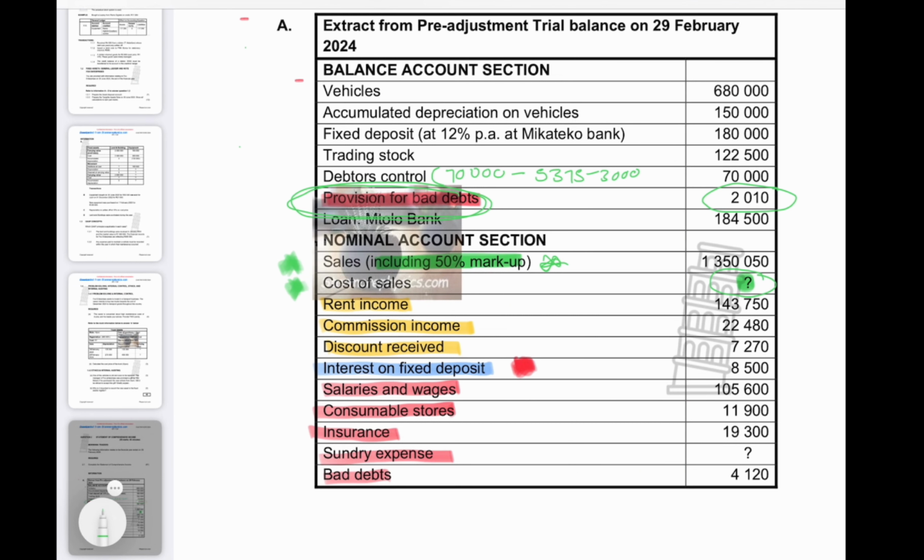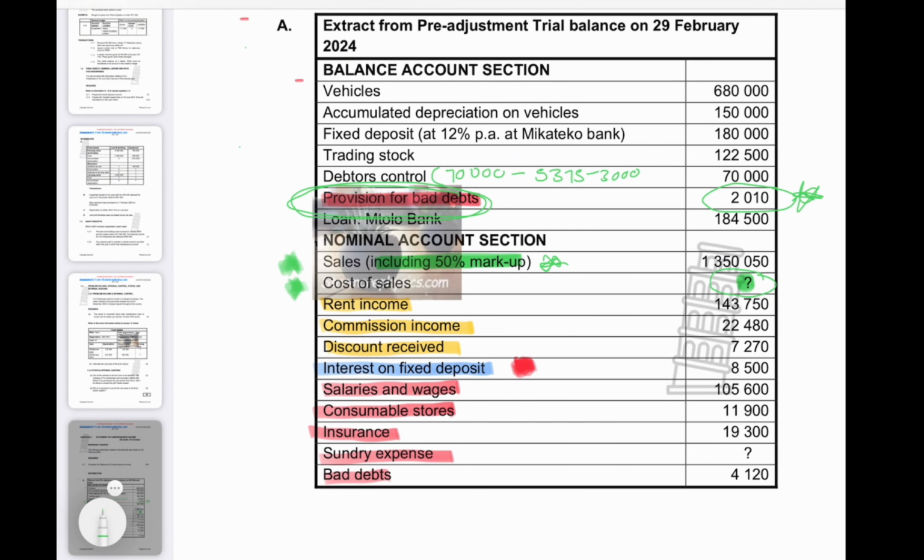Okay. So now we have to calculate and see if the 4% of our total debtors amounts to 2010 or not. And then if it is more than the provision for bad debts we have actually put at the beginning of the year, it means that is an expense. It means now our debtors have disappointed us more than we expected them to disappoint us.